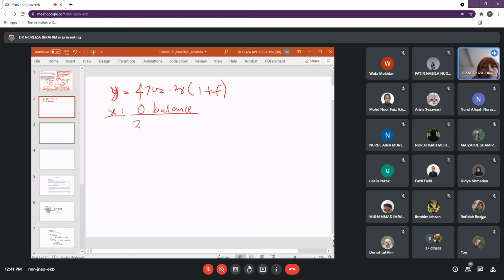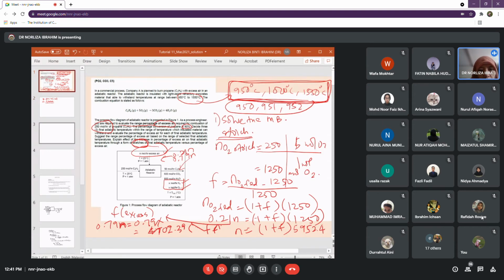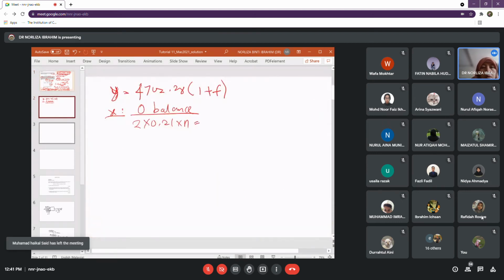So 2 times 0.21 times N equal to your oxygen will be in your CO2, 2 times 600 plus 800 in the water plus 2Y.